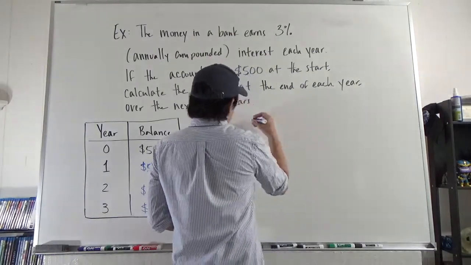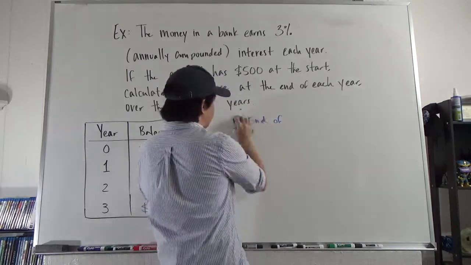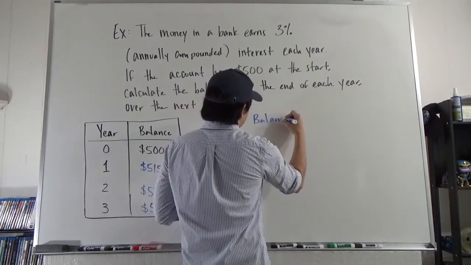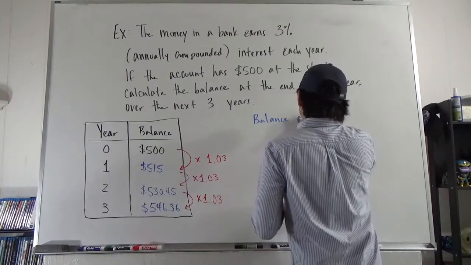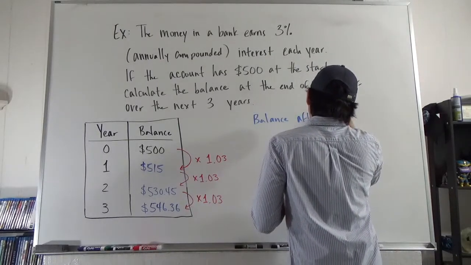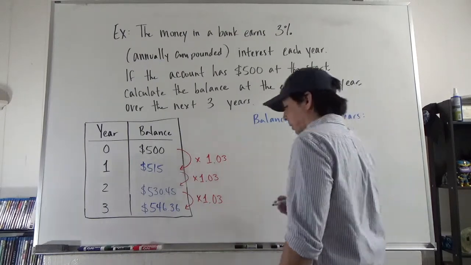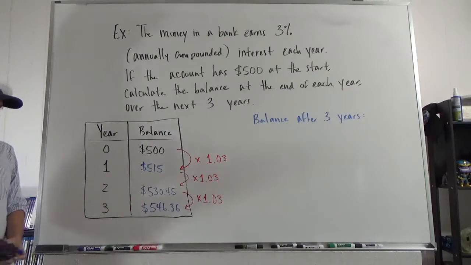So let's say the balance at the end of the third year, let's say we're just going for that. I'll say balance after 3 years. Which is that. I know what it is, 546.36.